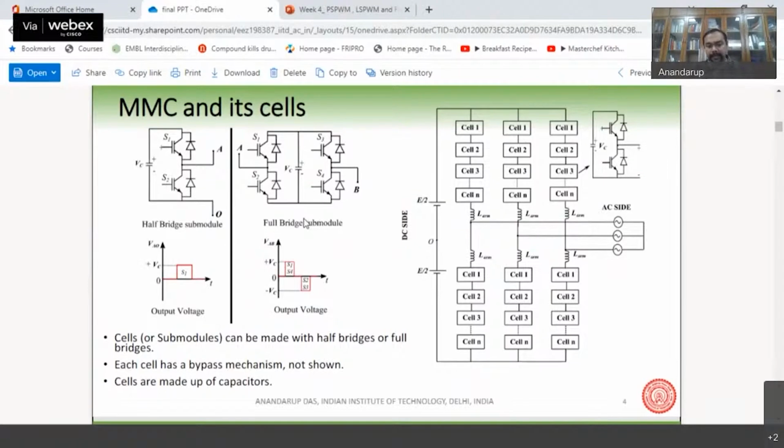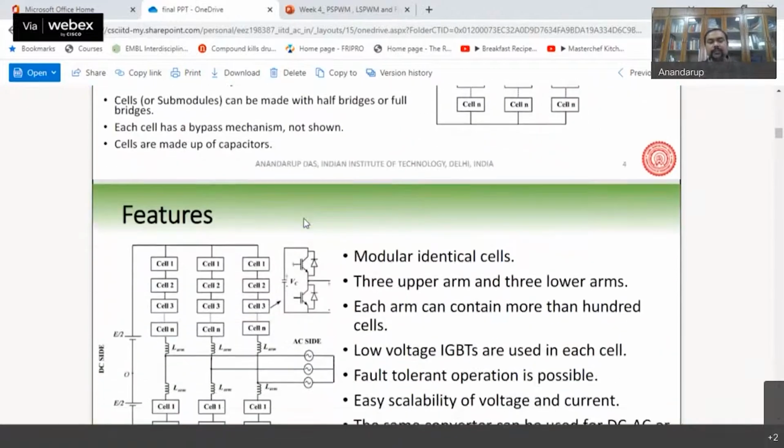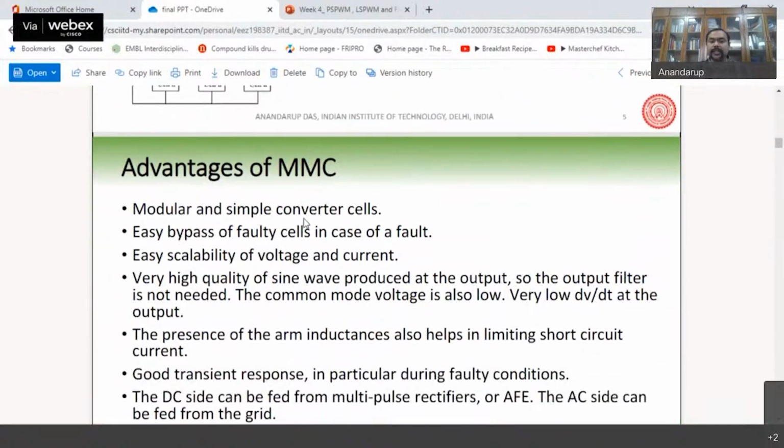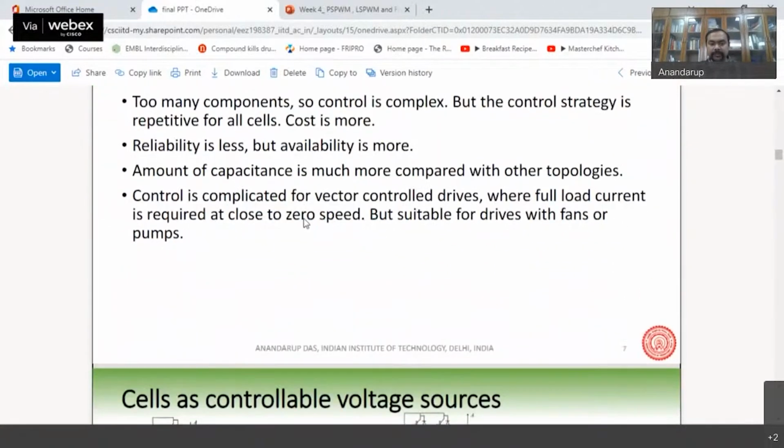Each cell has a bypass mechanism, and the cells are made up of capacitors and switches. So what are the features of the MMC? Very modular, identical cells, low voltage IGBTs, fault tolerant operation, etc. These are some of the advantages of the MMC.